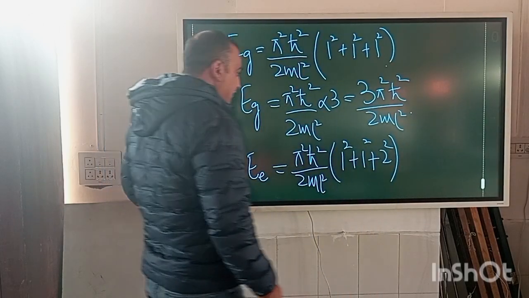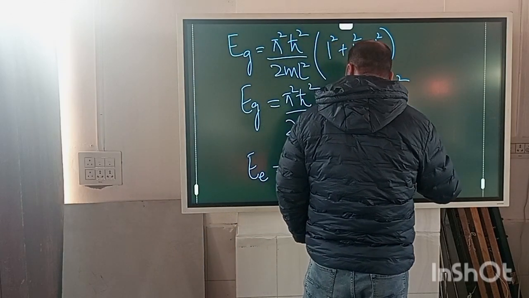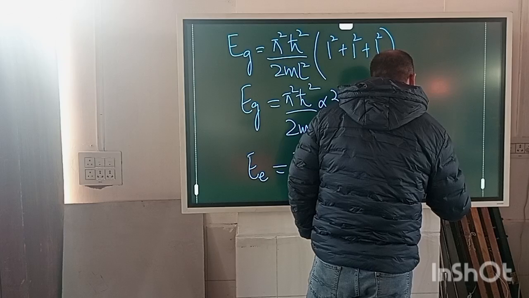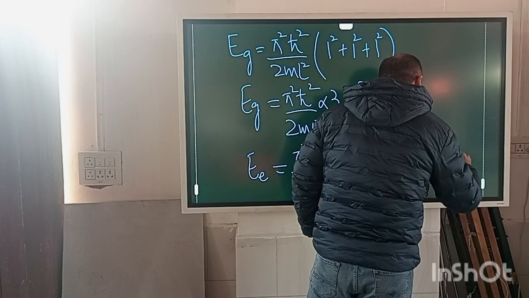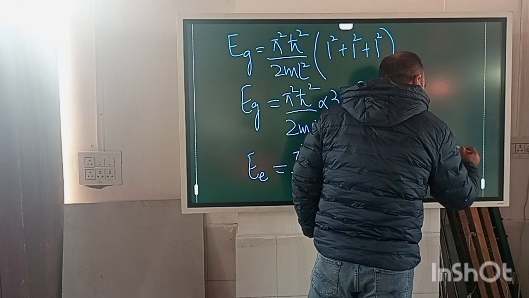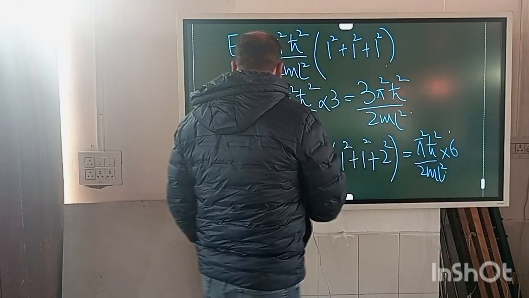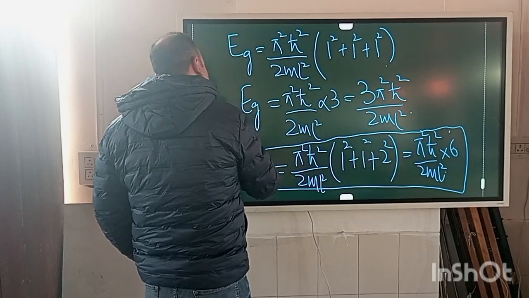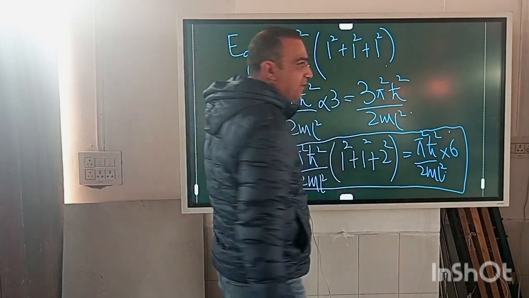So this will give me pi square h bar square by 2mL square times 6. So this is the energy of the first excited state, and this will be my energy of the ground state.